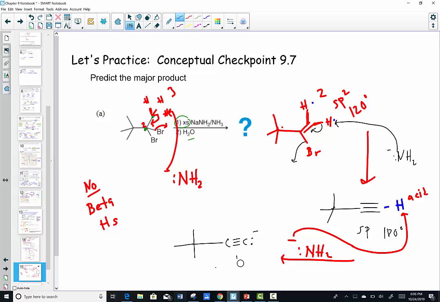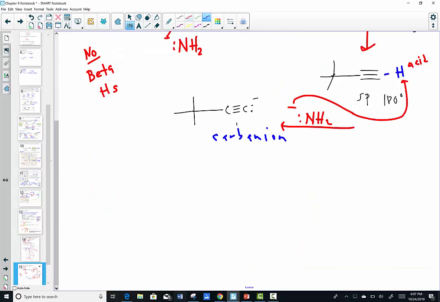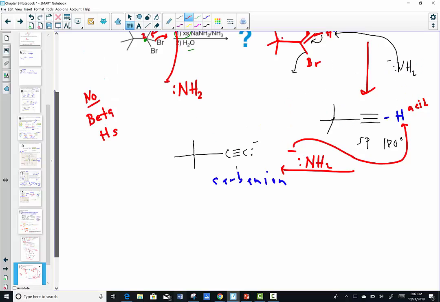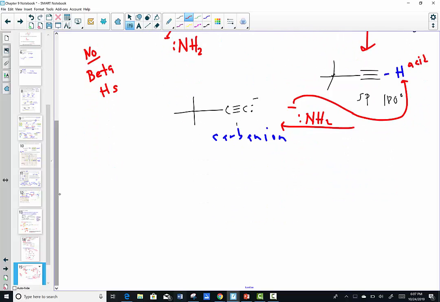Boy, that's not writing well. The carbanion is going to react with the water, and that's finally, just to kind of emphasize, remember the water was on the arrow? So the water now finally plays a role.